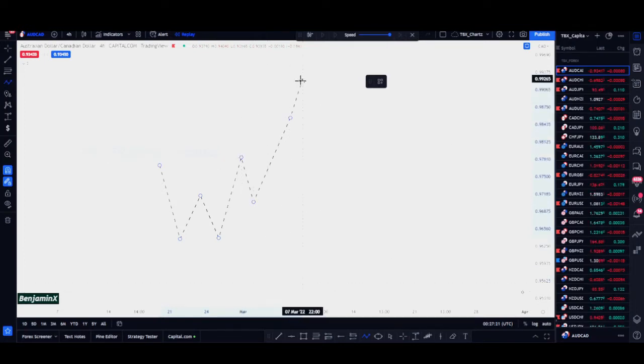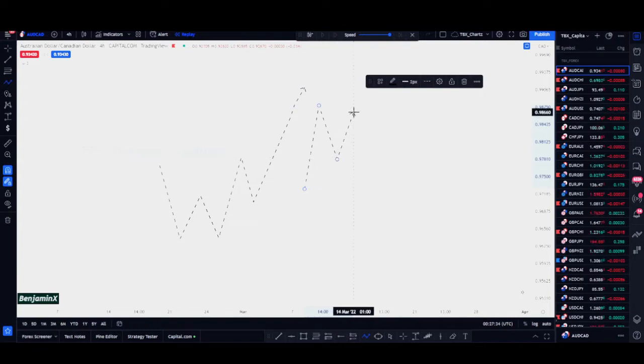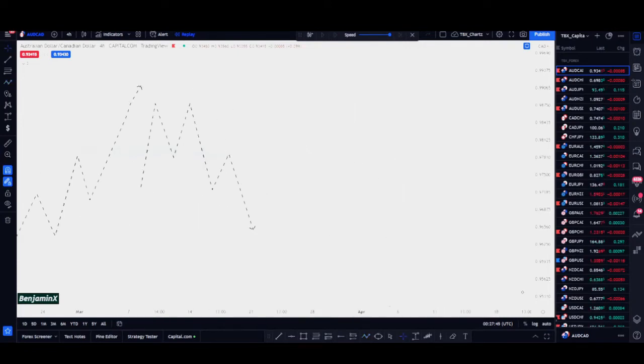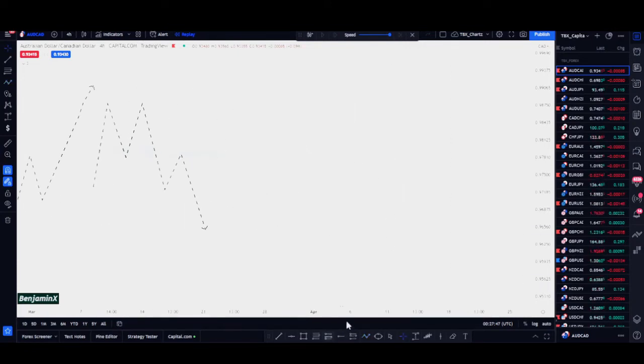We have the double tops, which is just the opposite of double bottoms, which is something like this. We have the head and shoulders.